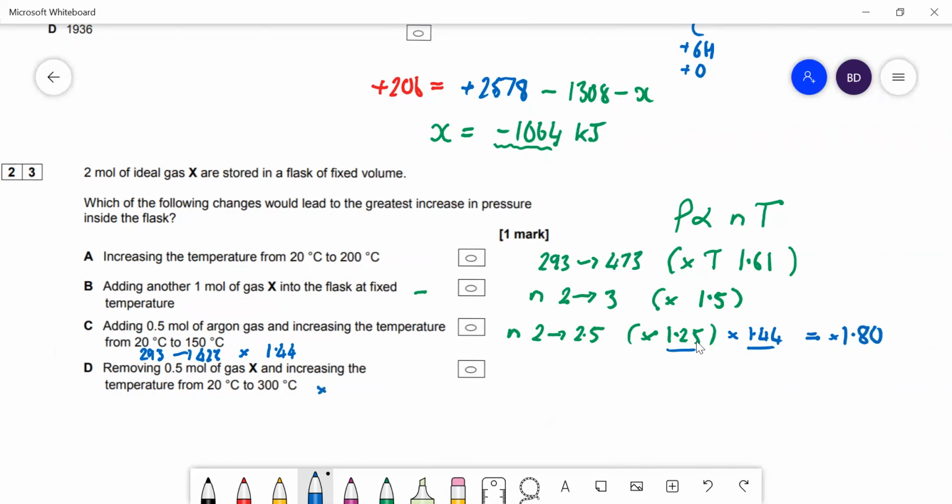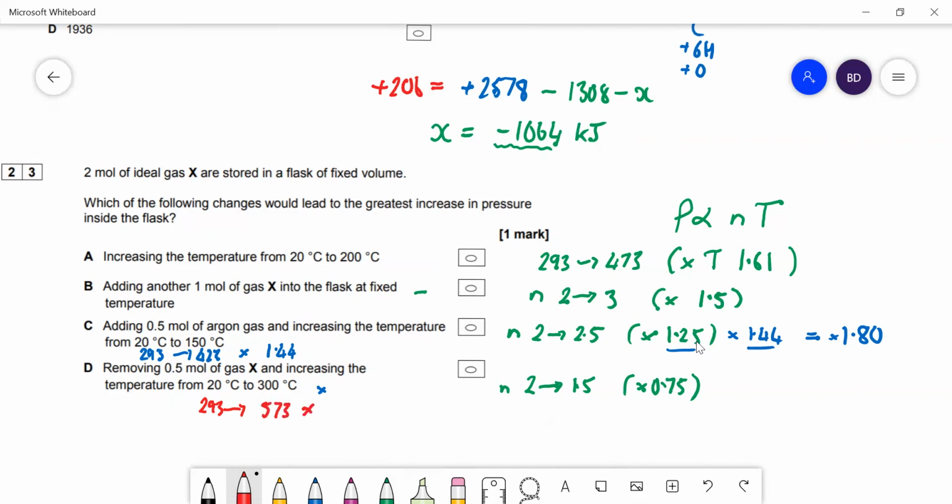Right, and then the last one. So we removed 1.5 moles of gas. So n has gone from, we started off with 2, down to 1.5. So that's times 0.75, so it's a bit smaller, less than 1. And the temperature has gone from 293 up to 573.